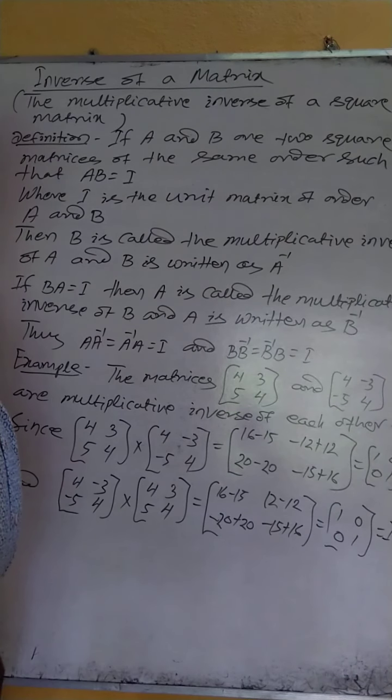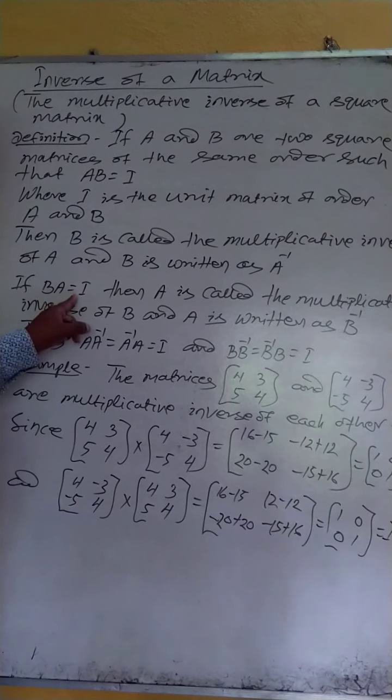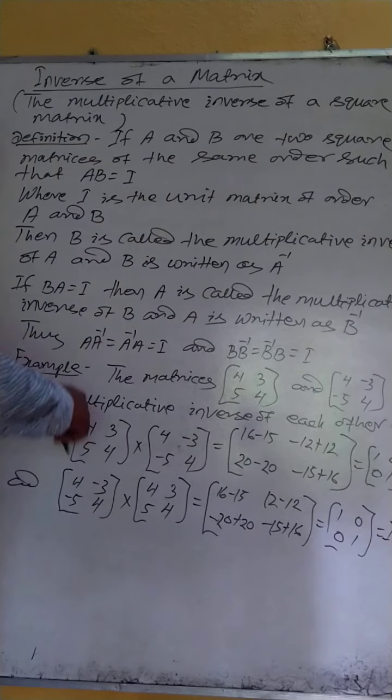Similarly, if BA is equal to I, the unit matrix, then A is called the multiplicative inverse of B, and A is written as B to the power minus 1.